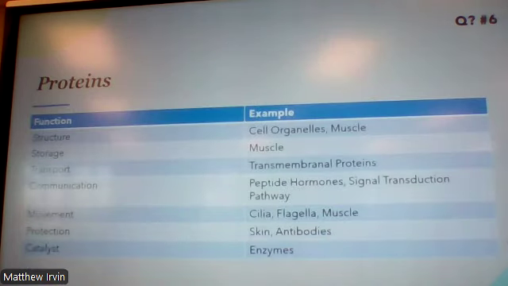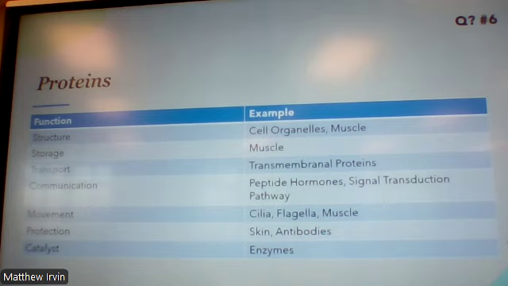Proteins: structure, storage, transport. For structure, the majority of our cell parts are made of protein. For storage, we store amino acids in our muscles. For transport, we're talking transport proteins for active transport, passive transport, exocytosis, endocytosis, and also just walking, that's transport as well.